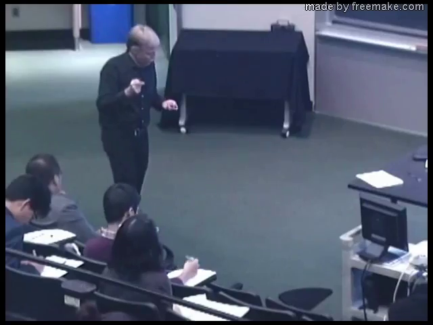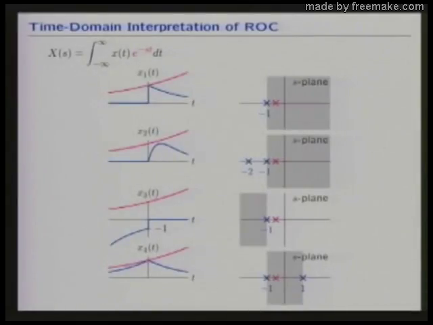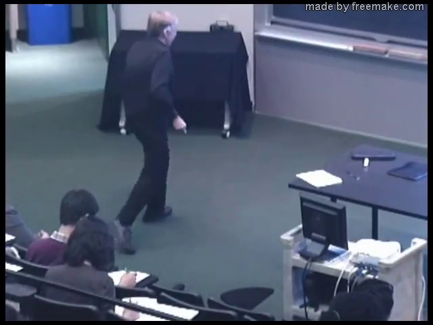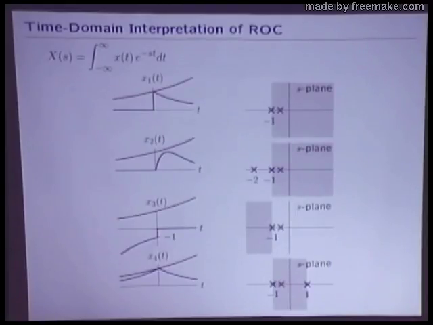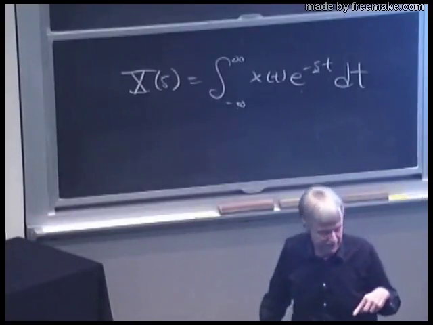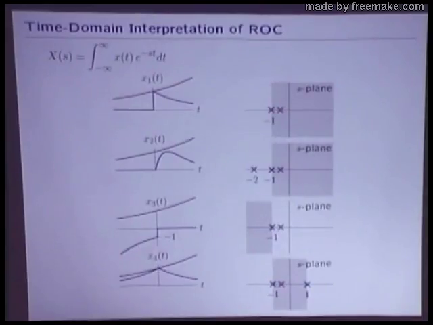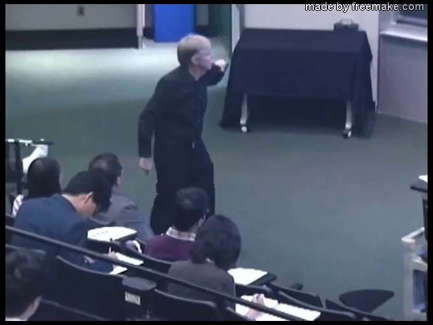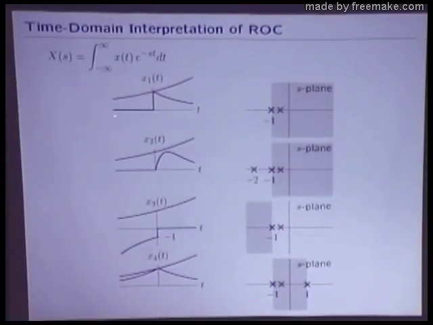Okay? Now if I think about a different s, what if I move s a little bit to the left, say -1/2? If I'm integrating against e to the minus st, and s is -1/2, that's e to the half t. E to the half t is a function that becomes exponentially greater as I go toward positive infinity. So if I multiply this x of t by that weighting function, does the product converge or diverge?